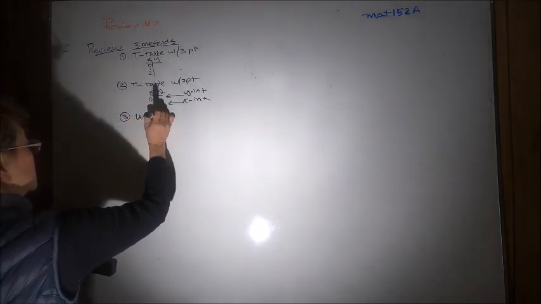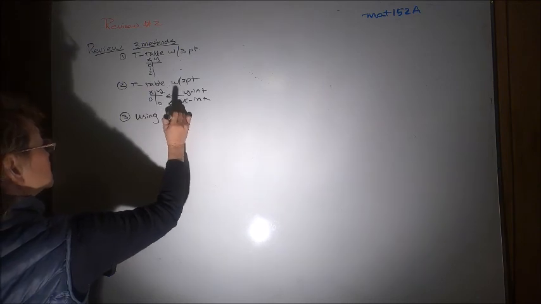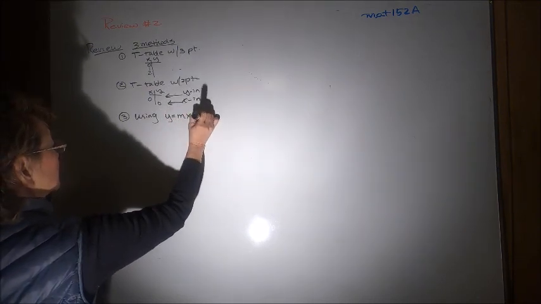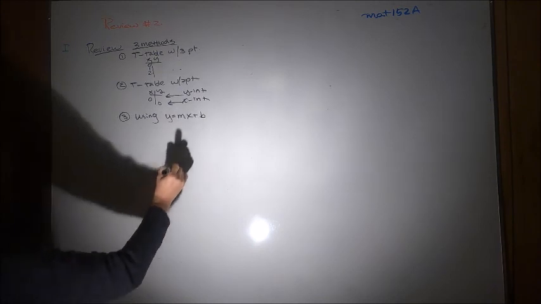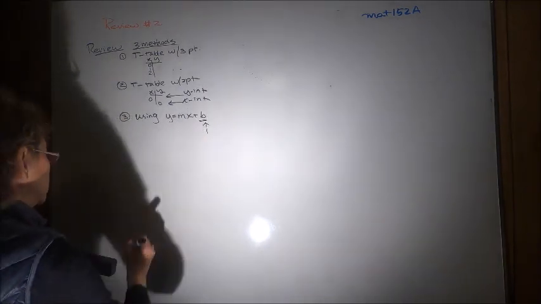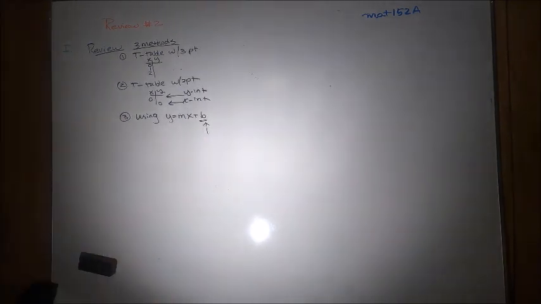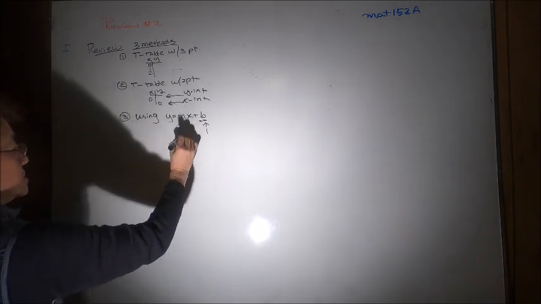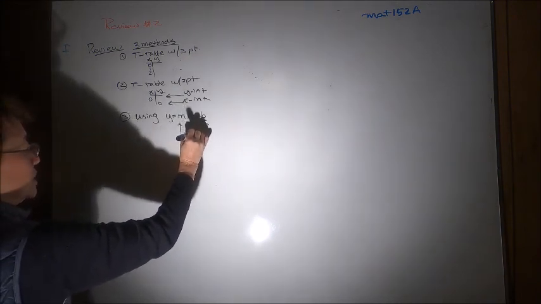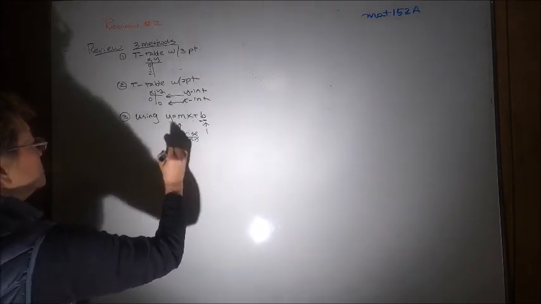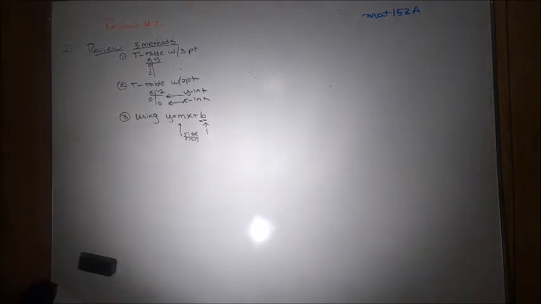Using slope-intercept form, right? So you have 2 points. 1 point is the y-intercept. Then you use the slope, rise over run, to find another point to graph, right?